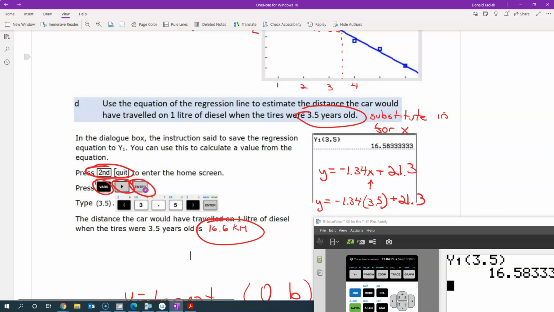What this does, guys, is substitute in, plug 3.5 in for x. That's what that part does.